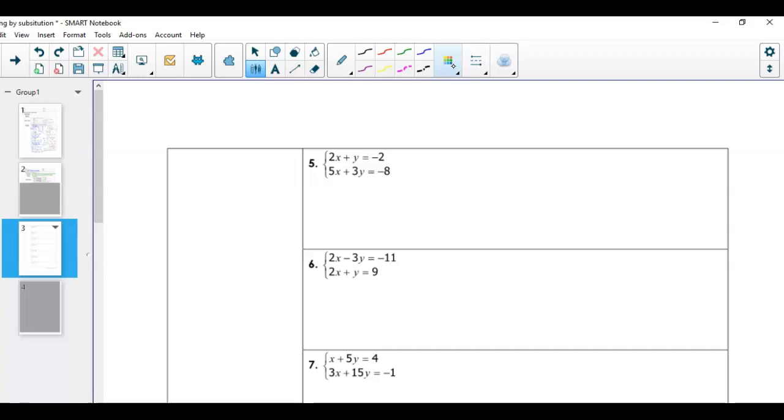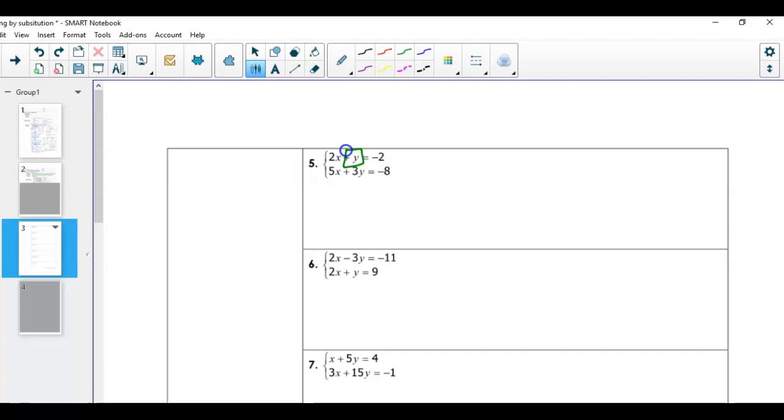You still have free reign over this, but I'm going to say this because it's going to help. If you see a term that has just x or just y, even if it's negative x or negative y, use that equation, solve for that variable. If you use anything else, it might be a little bit more complex.